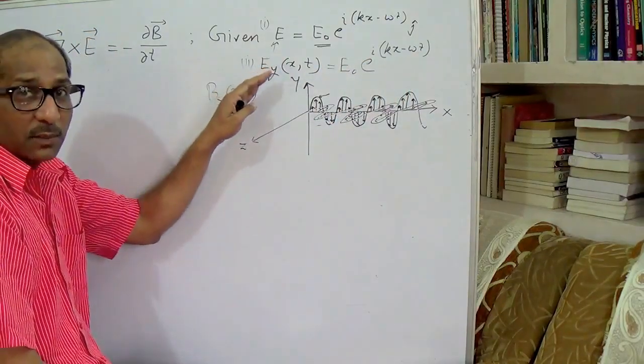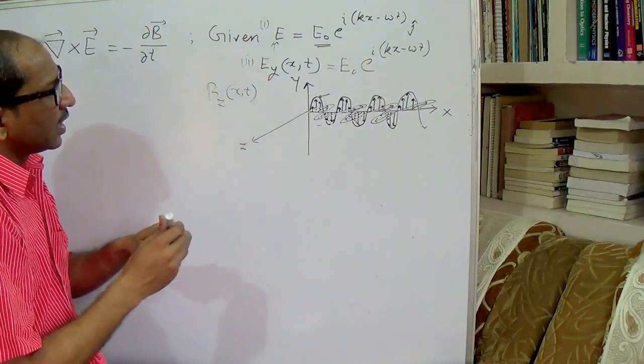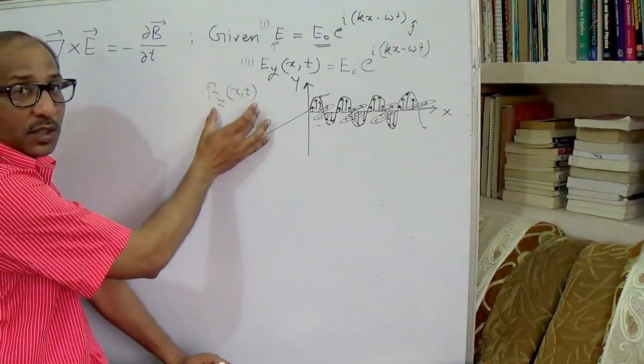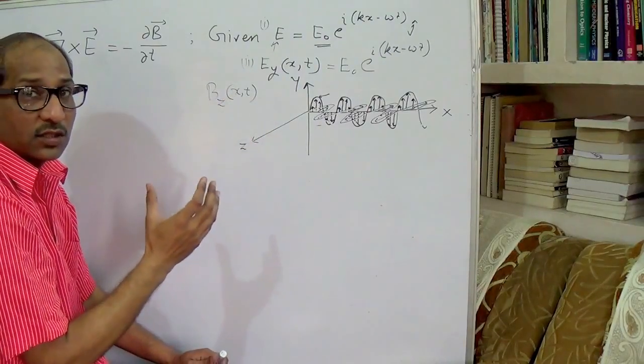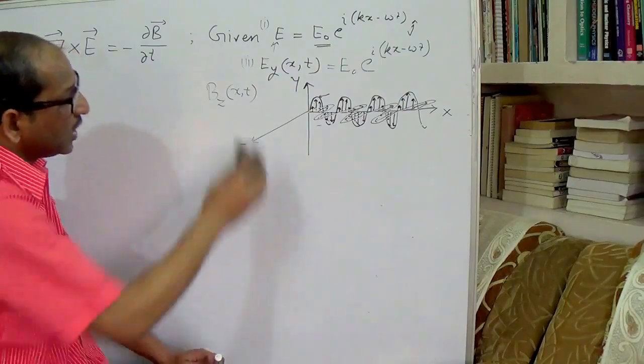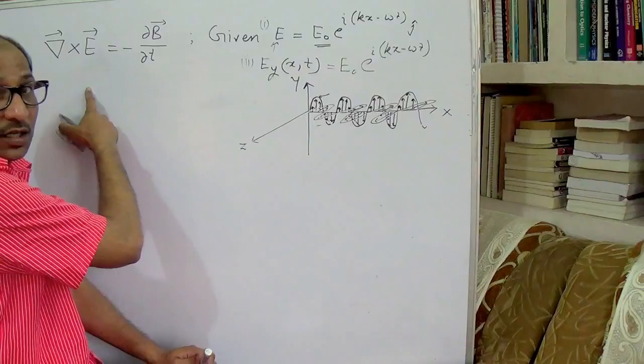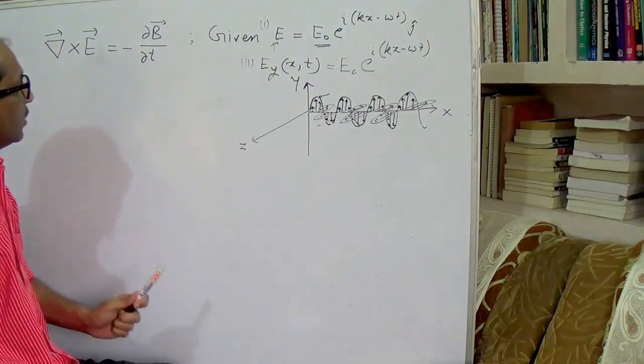So now, with the help of this given electric field component, I have to find out this B. How to find out this B, that is the point, and for that I am using this curl equation, that is the Faraday law.